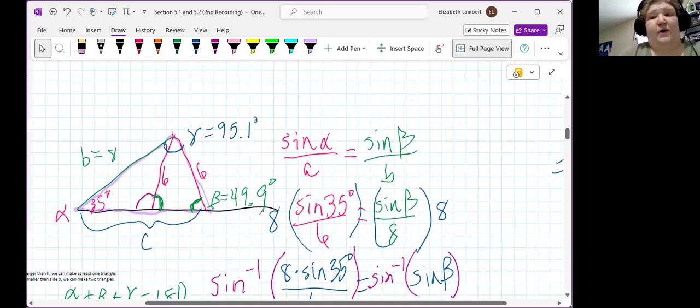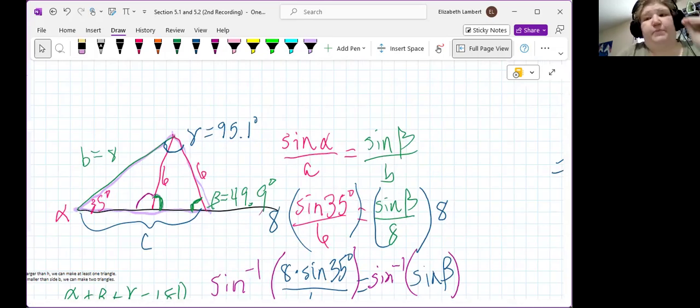I will choose the alphas because 35 and 6 were both starting values. That way I'm not trying to plug in 49.9, because then it begs the question, how many decimals should you carry? I'll just take the 35 and the 6. I don't have to worry about it.